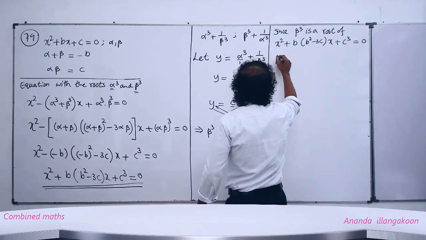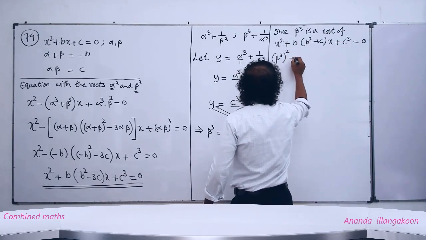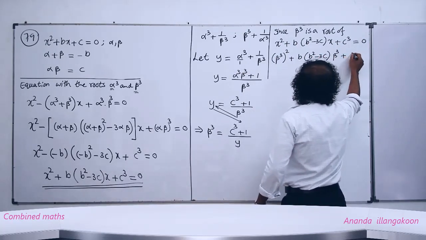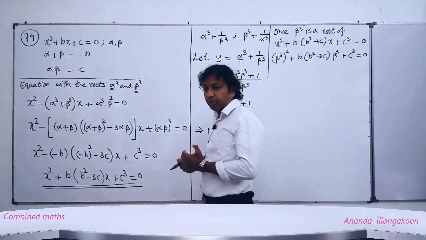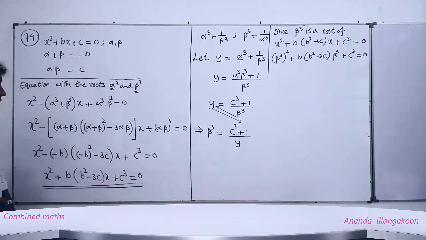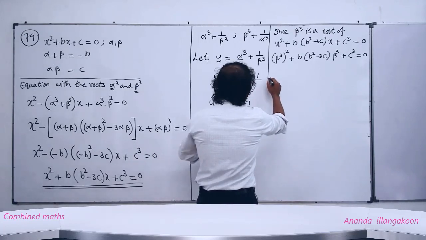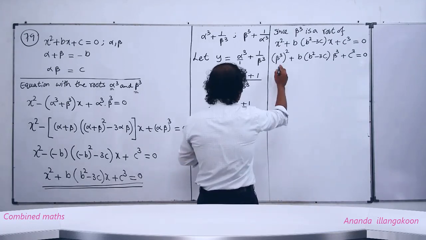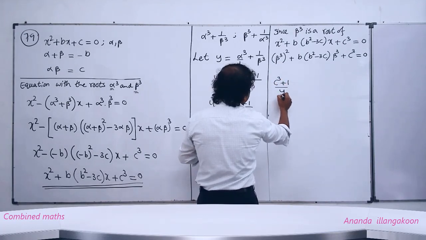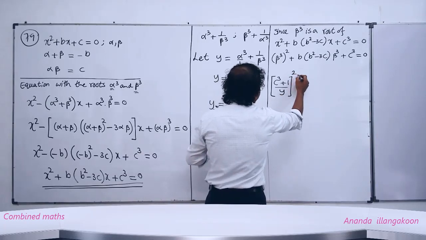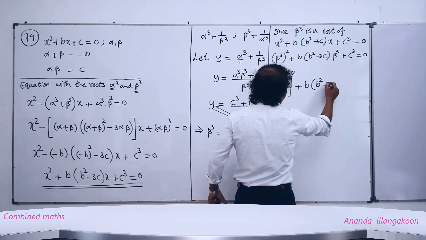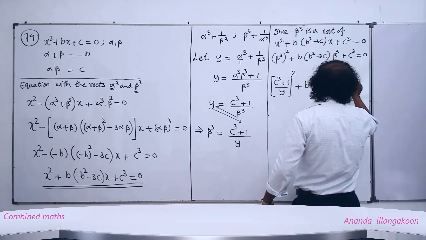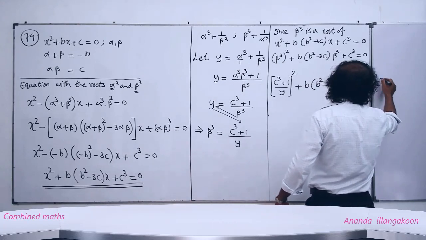Beta cube squared plus b times b squared minus 3c times beta cube plus c cube equals 0. Our beta cube is this, so substitute for beta cube. Beta cube is c cube plus 1 divided by y, squared, plus b times b squared minus 3c times c cube plus 1 divided by y, plus c cube equals 0.